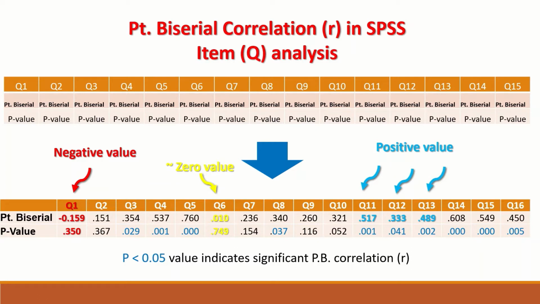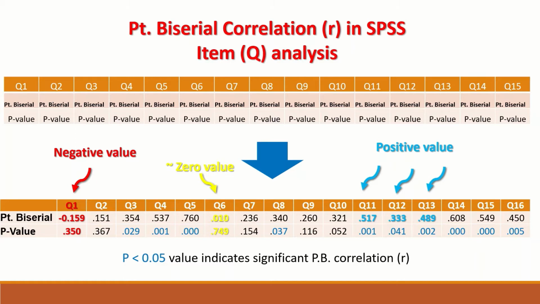As we can see here, for each individual question, from question number 1 to question number 15, there is a point-biserial value calculated and a p-value. Again, here we have the questions with their point-biserial value and p-value.